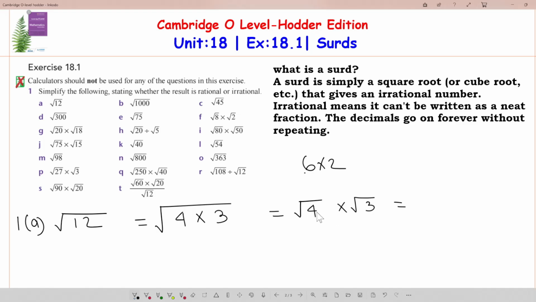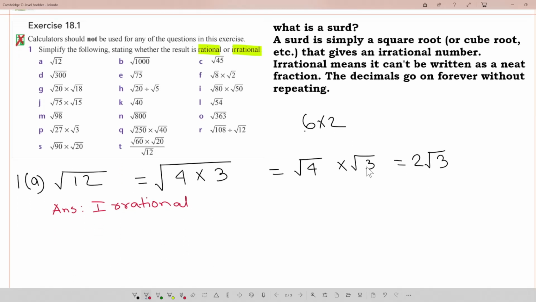Root 4 is 2 and this is root 3, so 2 root 3. Root 3 is an irrational number. Our target is to find whether the result is rational or irrational. So the answer is irrational number. Number A done.